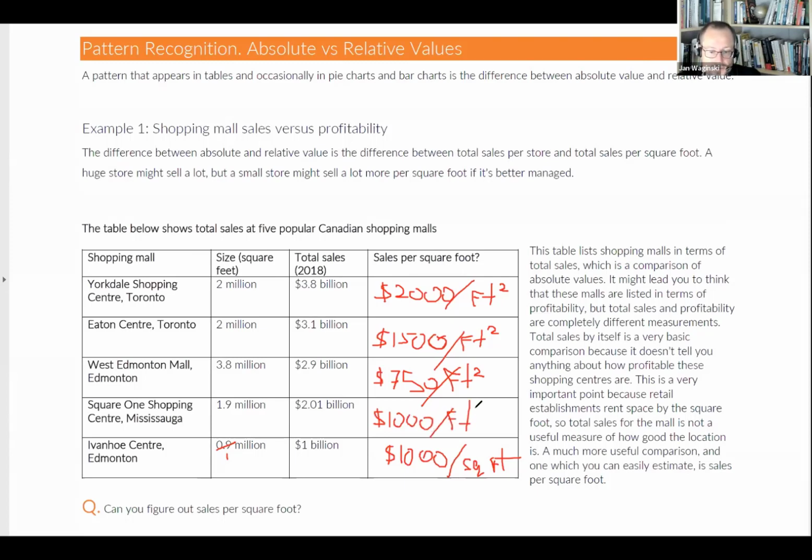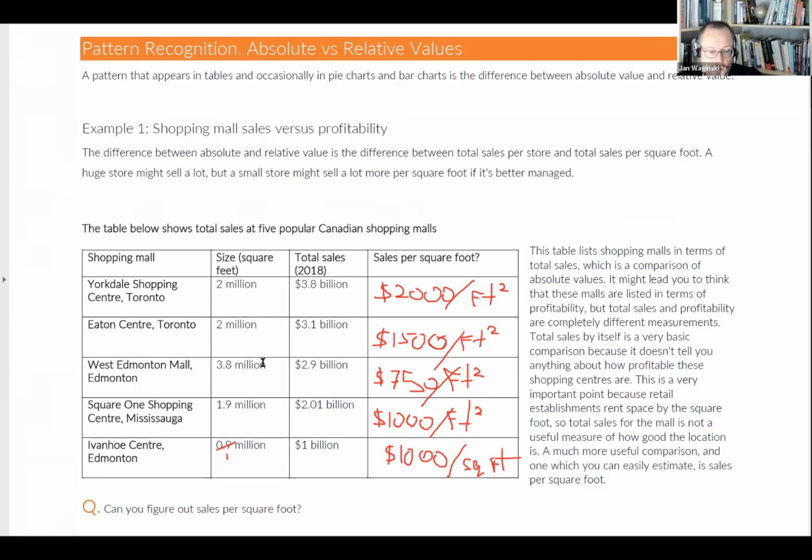Okay. So what do we learn from doing this exercise? So you see here, which mall is the largest? Let's say West Edmonton Mall.